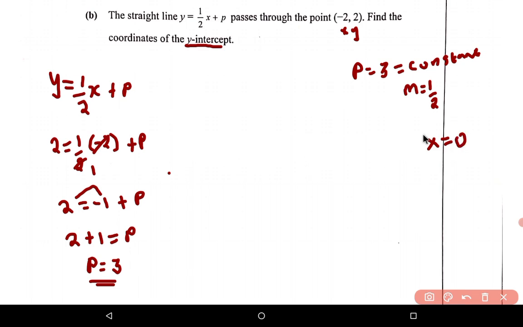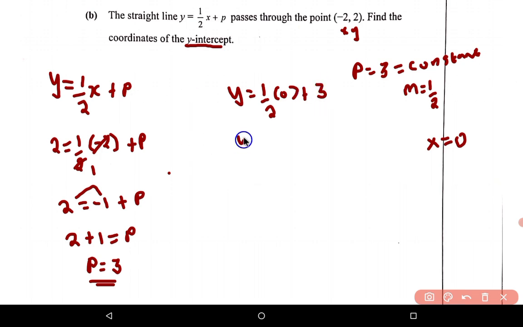So if x is equal to 0, we're simply going to put a 0 here, and then we find the y value. So y will be equal to, the gradient is still this, but x here is going to be 0, plus p. P is 3.